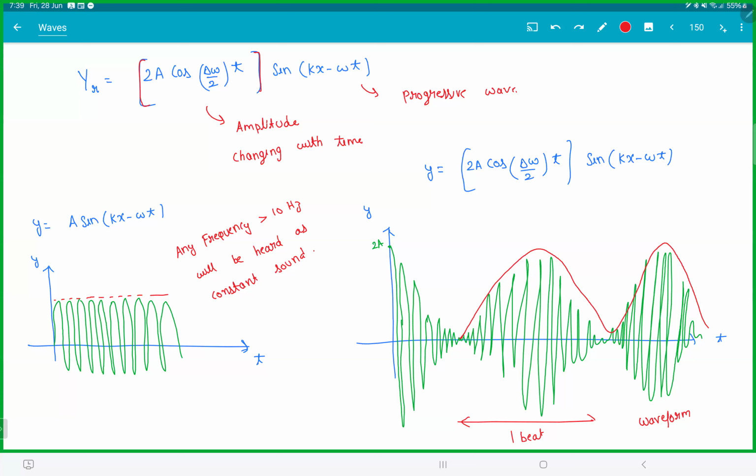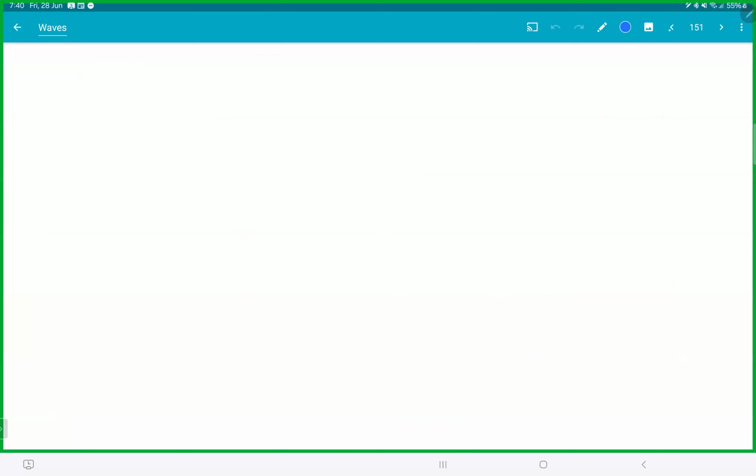I hope this is clear with the beats. So let me just complete this. We can see this value is going up and down. This amplitude is 2a cos(delta omega by 2 t). So the frequency would be omega by 2 pi.